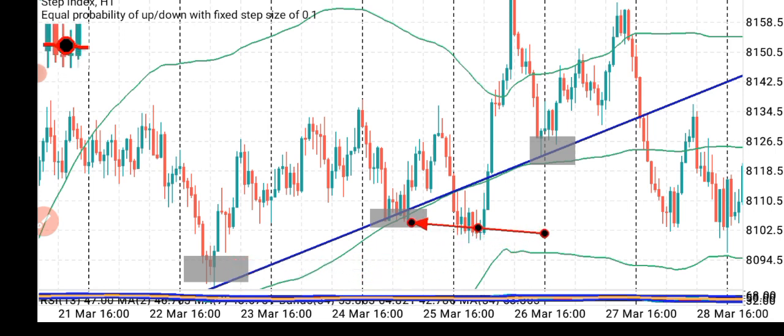This is a higher low, this is a higher low. So connecting these 2 points together is what gives us an uptrend.